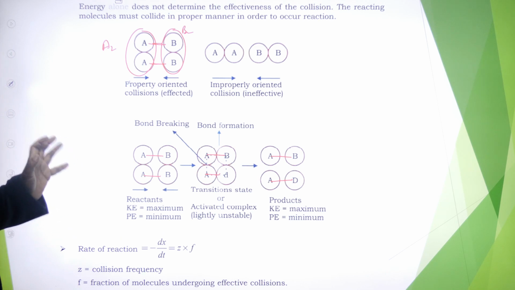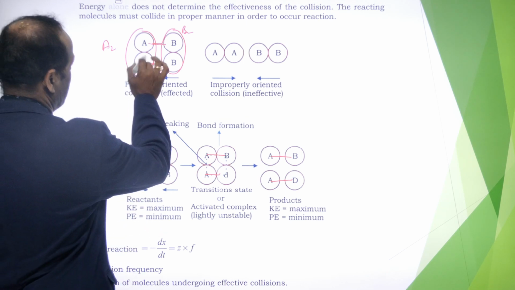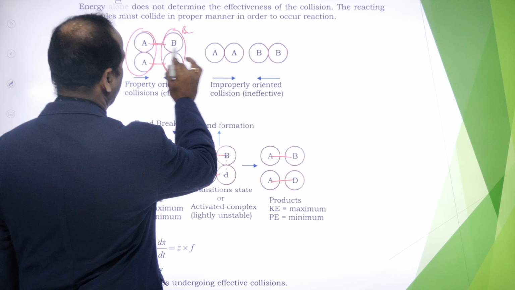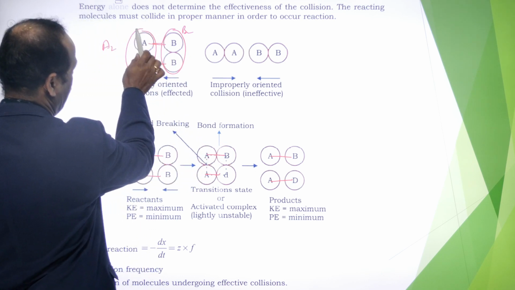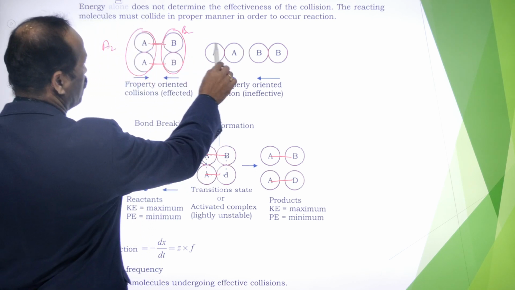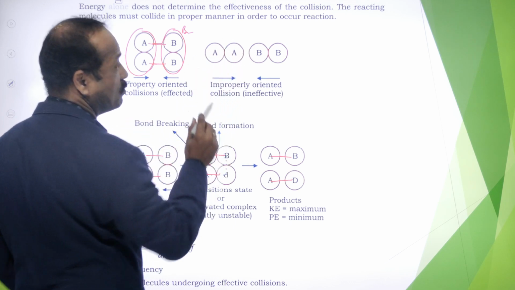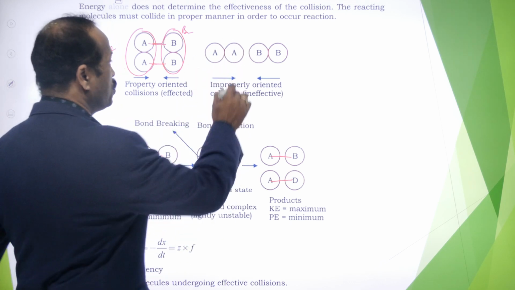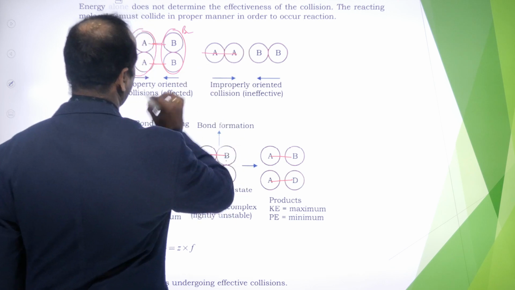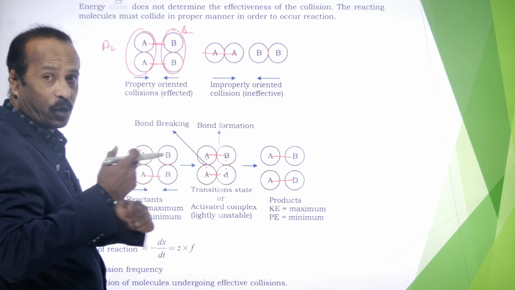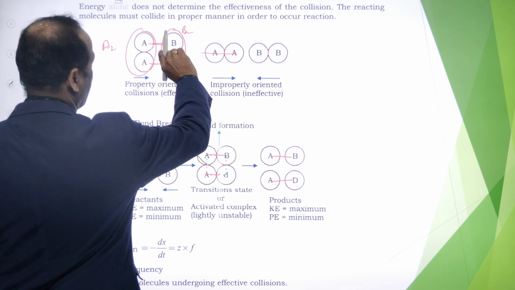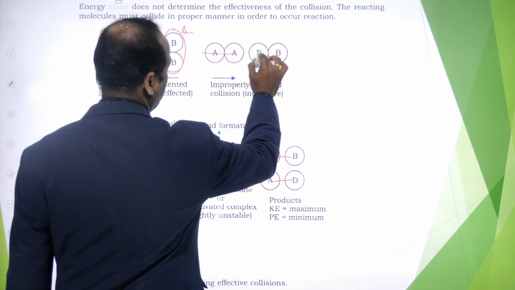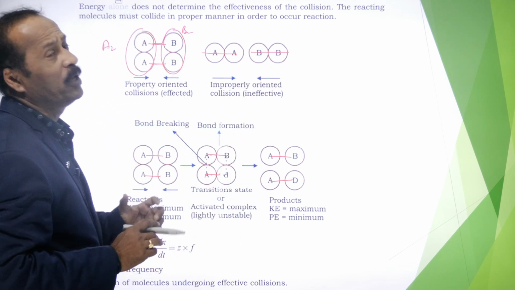Now for example, these A molecules, instead of coming like this, if A molecules are coming like this, see, now it is vertical. Now see, I am turning it like this. Now the molecule is oriented like this. Oriented means what? Changing the direction. So now the A molecule is like this. Now the B molecule is also oriented, so instead of like this, it has turned like this. Now, how many collisions will take place?